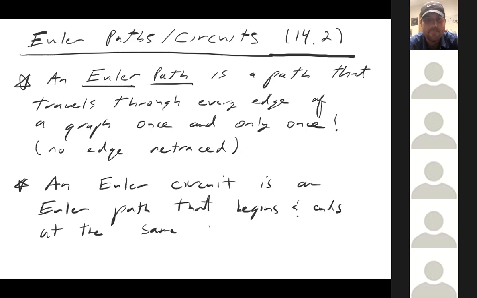So basically you start at a vertex and you got to get back to that vertex, and you have to hit every single edge in the whole graph, and you can't hit an edge more than once. Okay, so that's an Euler path and Euler circuit. Those two things are going to be the study of our class today.